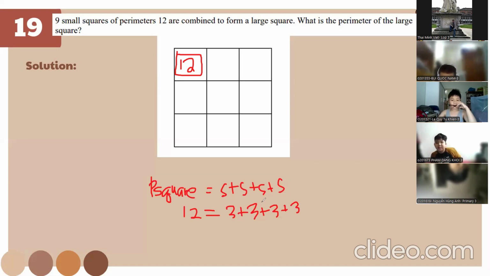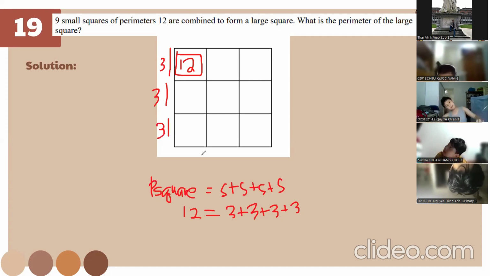So, times 3. Okay. So, that's why. So, this one is actually 3. Then 3. Then 3. Then 3, 3, 3 also here. 3, 3, 3, 3, 3.